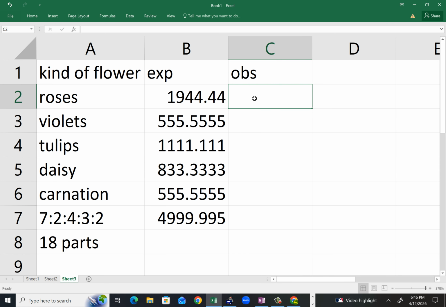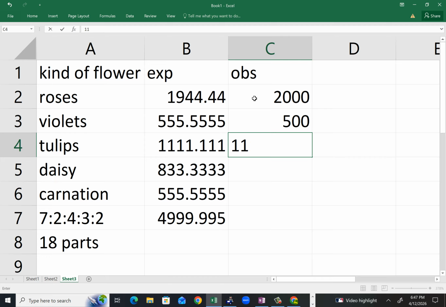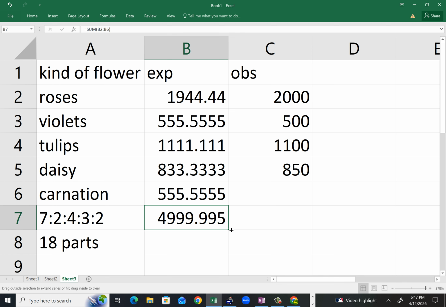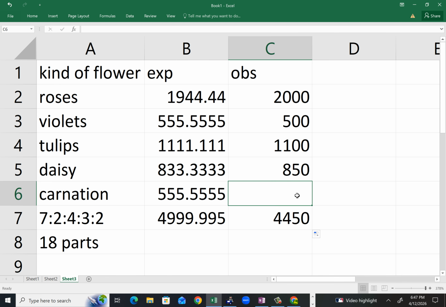Out of these 5,000 sales, I sold 1,900 or 2,000 roses, and I sold 500 violets, and 1,100 of those, and then 850 of those. And so the other 550 flowers must have been those for a total of 5,000.